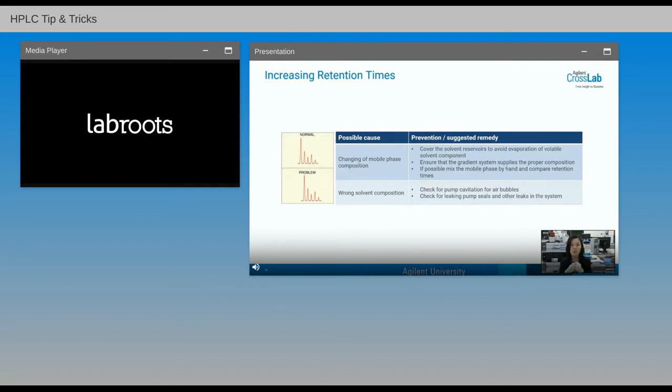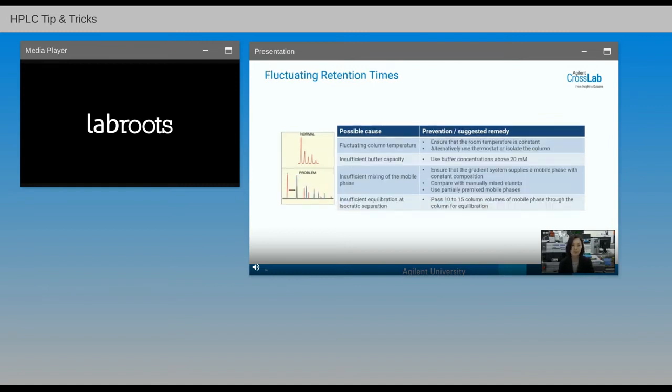When the solvent mixture is not correct, you can think about whether somewhere in the pump head it's not working properly, or there is a wrong solvent composition, or bubbles, etc. Or even fluctuating: fluctuation could be due to temperature. Maybe you do not have a column oven, and your column is just hanging outside of the system. So when your environment temperature fluctuates, if your method is very sensitive to it, you will have fluctuation in the retention time.